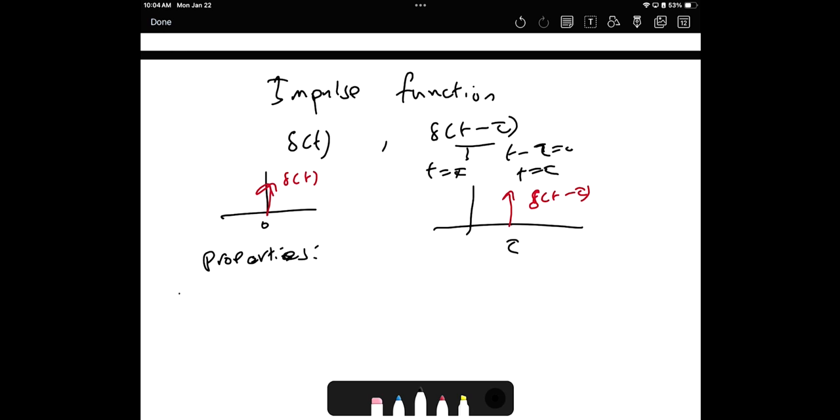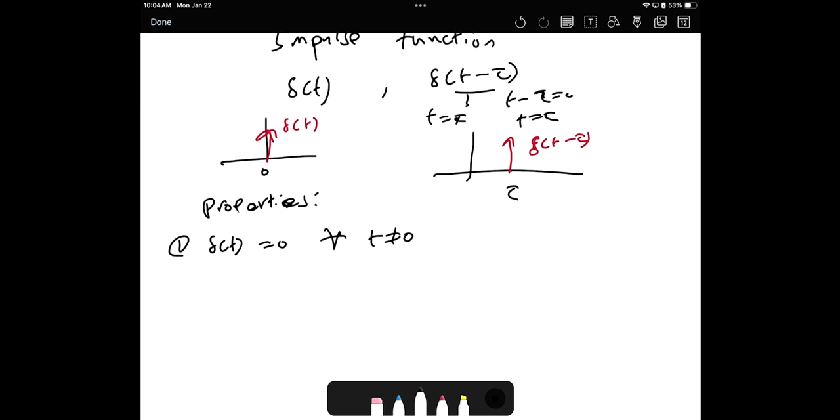for delta of t: delta of t equals 0 for all t not equal to 0. For any value t not equal to 0, delta of t equals 0, because the waveform is like this. Only at 0 it will be that indefinite value, otherwise it will be zero.